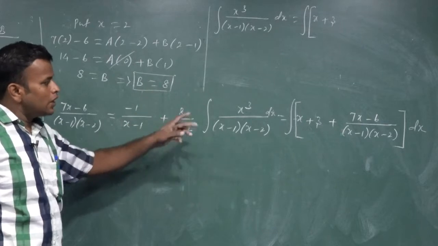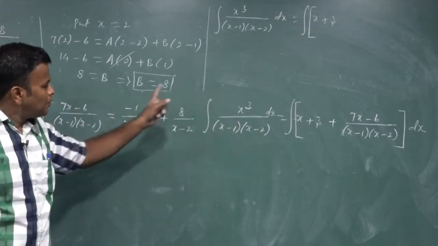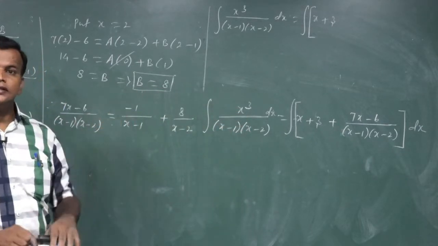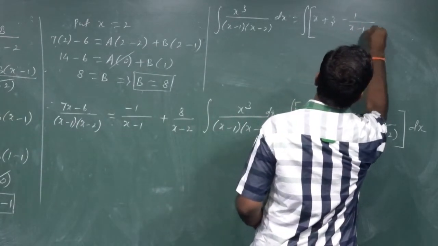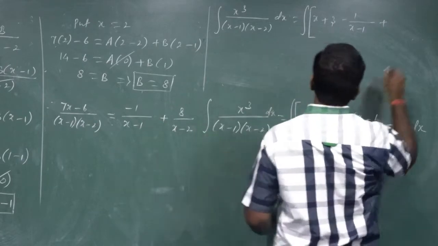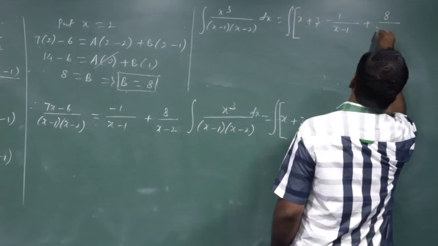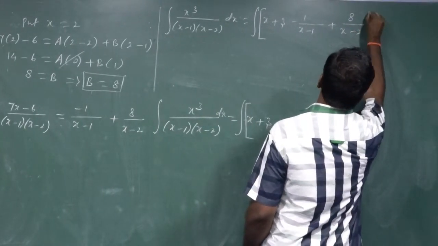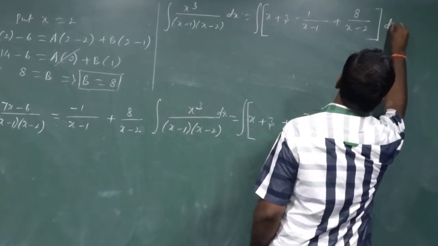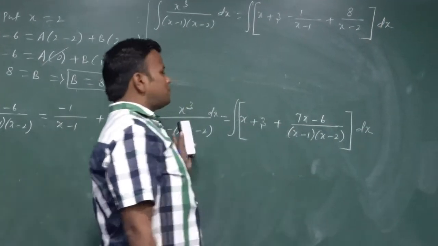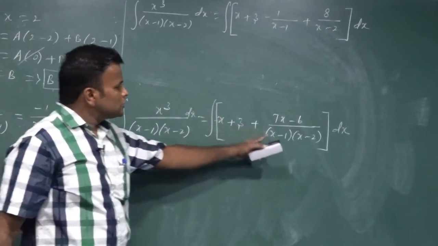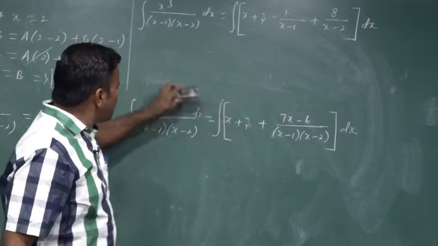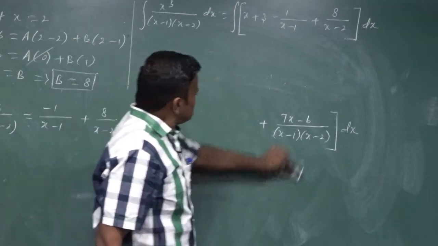Actually the symbol is plus, but the first term is minus; plus into minus is minus. Minus 1 divided by (x minus 1) plus 8 divided by (x minus 2) into dx. For understanding purposes, I don't do this step as rough work. Now using this value, it is nothing but that one. So now I do that step as rough work.